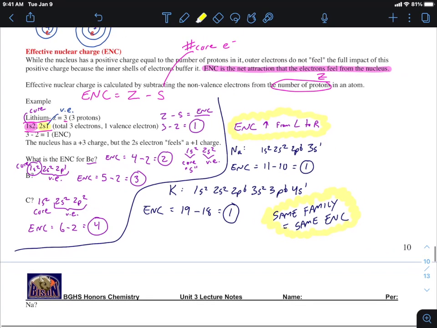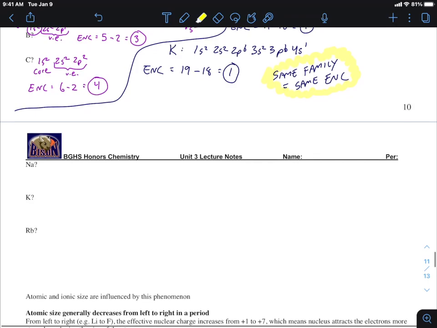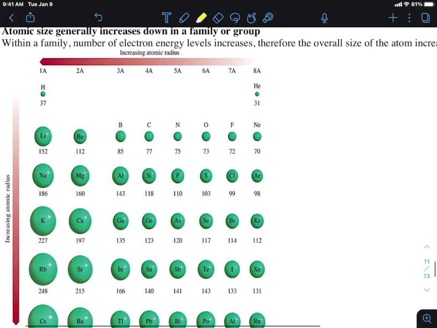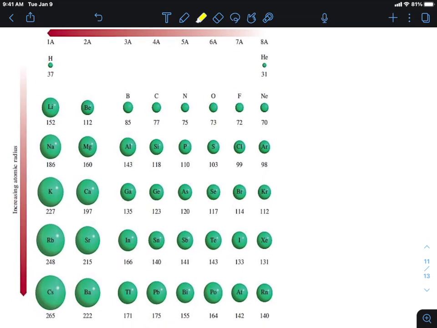All right, so let's look at a picture. So these are the S and P blocks on the periodic table. If I took a periodic table and I folded it, so like if we ignore the D block, then what you see is 8 columns. And that's what we're seeing here.